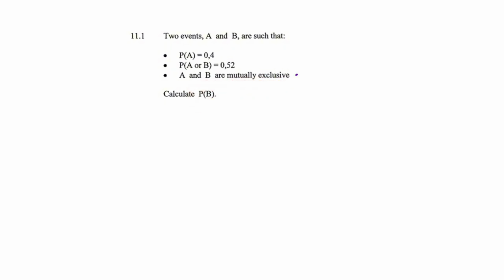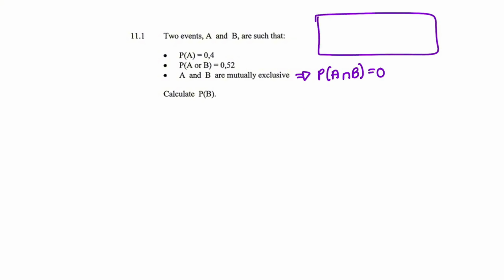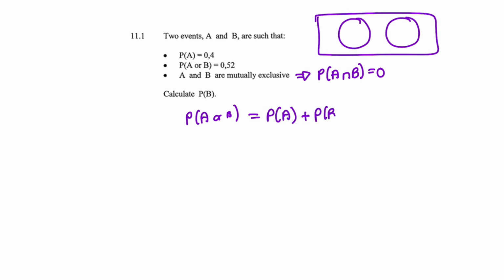So when events are mutually exclusive, that means the probability of A and B is equal to 0. So mutually exclusive means that they do not touch one another. So if I have my general rule for probability, I have the probability of A or B is equal to the probability of A plus the probability of B minus the probability of A and B. Now the probability of A or B is 0.52.